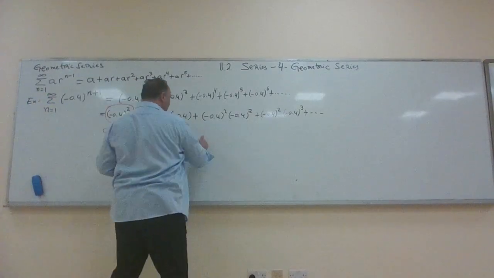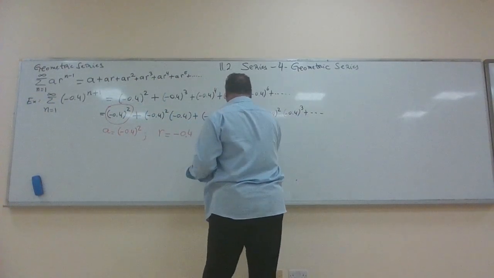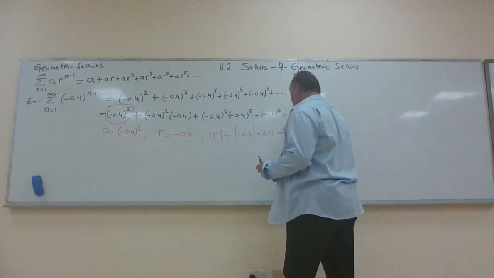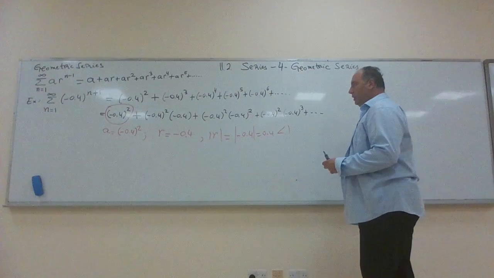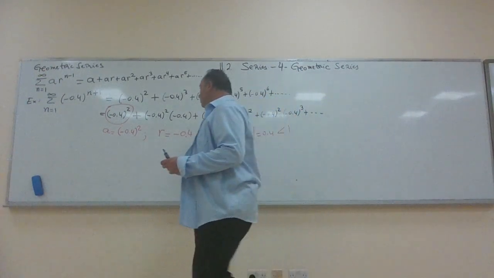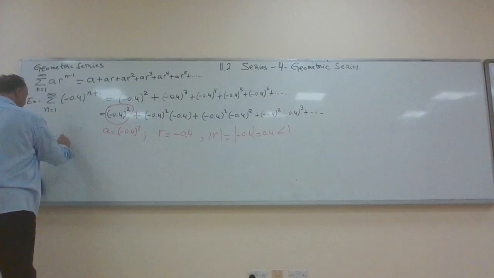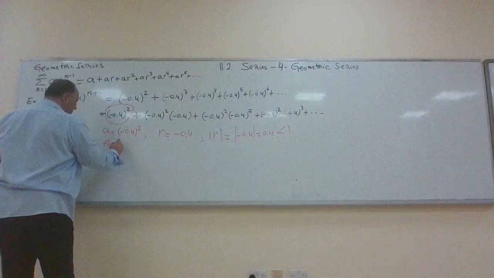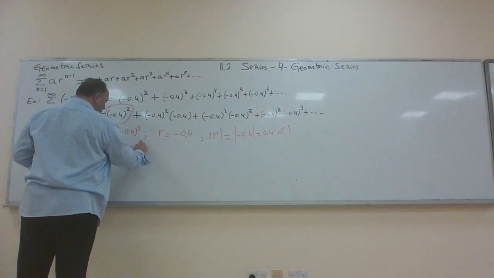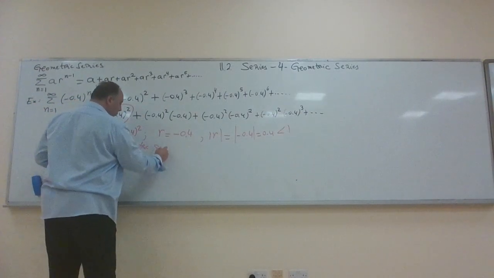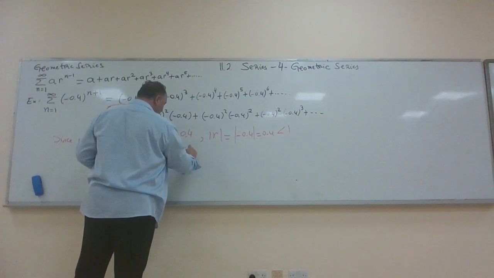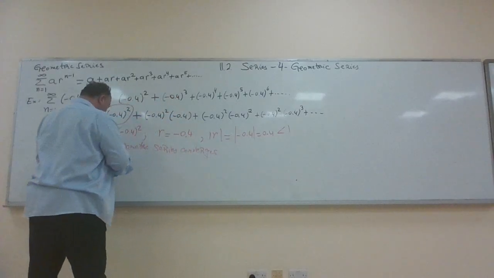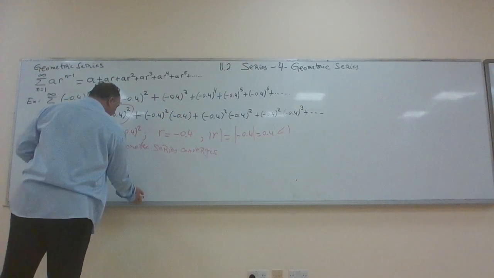We see that R in absolute value is 0.4, which is smaller than 1, which means that our geometric series is convergent. And then on top of that, we are able to find the sum.